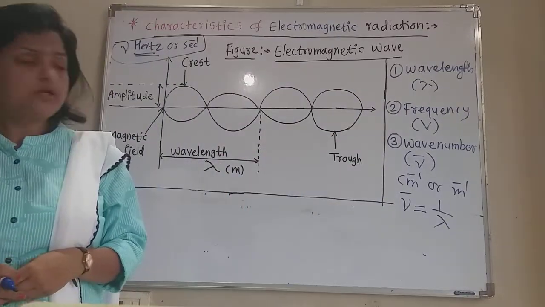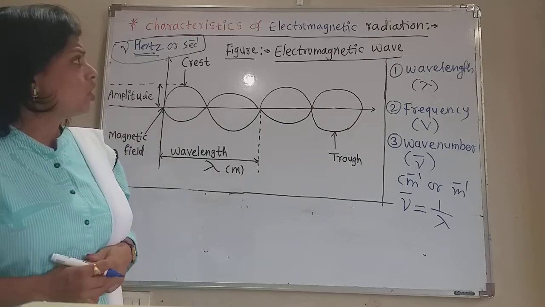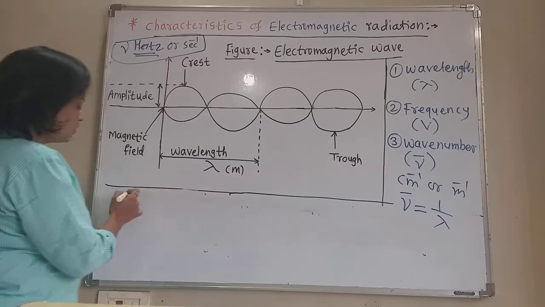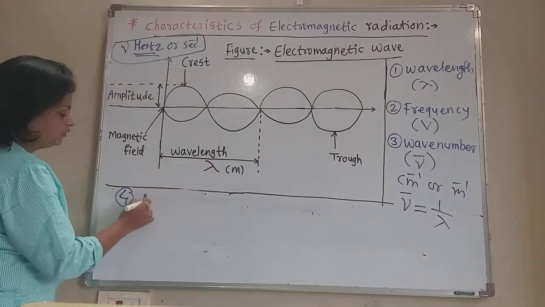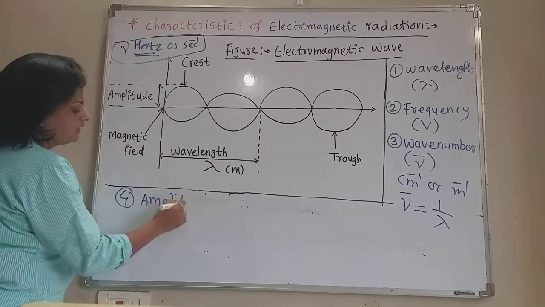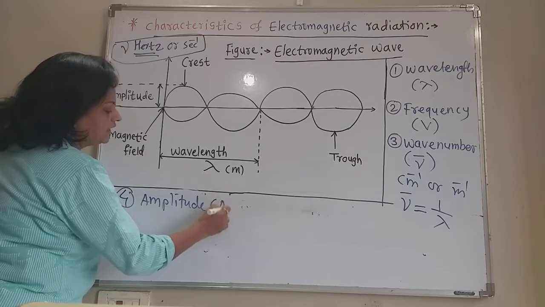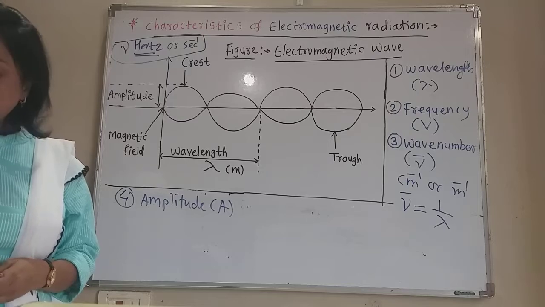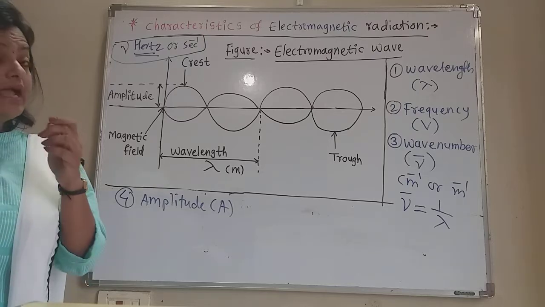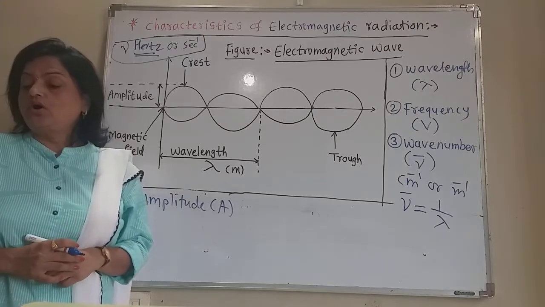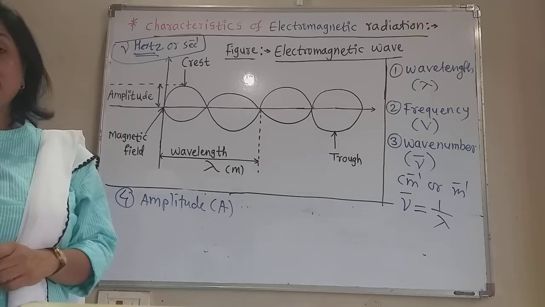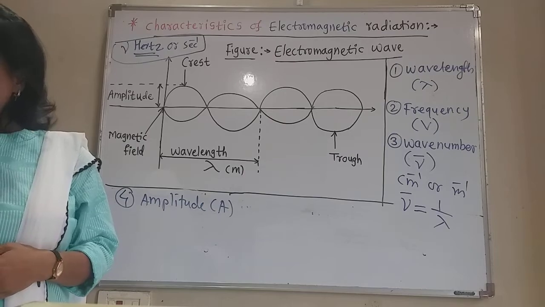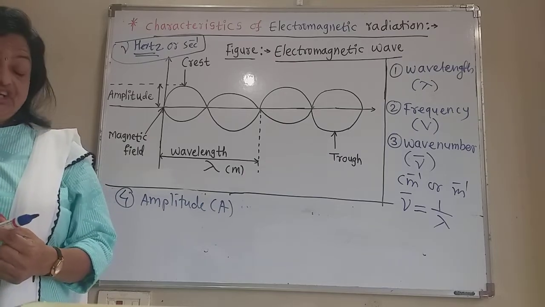Now come to the fourth characteristic of electromagnetic radiation, that is the amplitude. It is denoted by capital A. Amplitude of the wave is the height of the wave, the height of the crest.